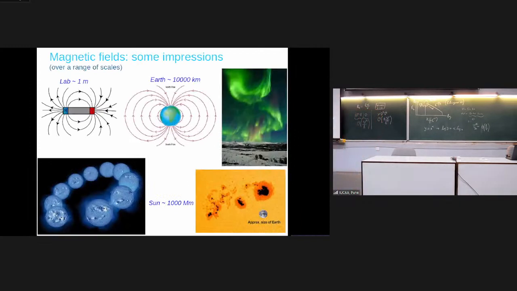So now, just some impressions: no matter where in the universe you see, at whatever scale, this can be a bar magnet in your lab, but for the sun there is no bar magnet. Yeah? So the nature of the magnetic field or the way it is driven is completely different. But the point is, if you go to 1 meter, Earth is about 10,000 kilometers. Yeah, these are the auroras you see. Sun is about 1,000 megameters.